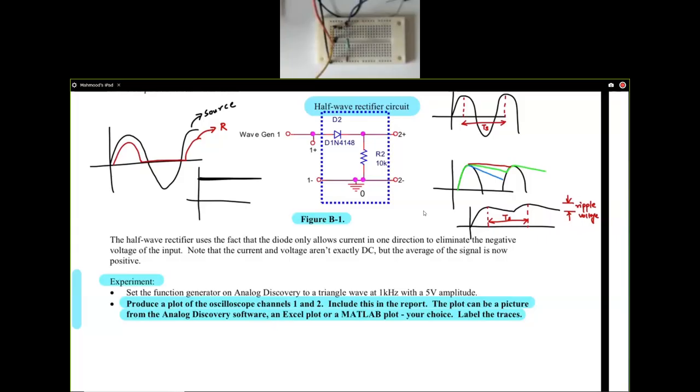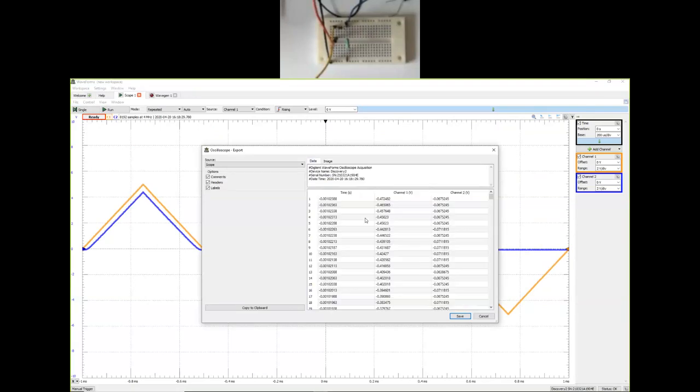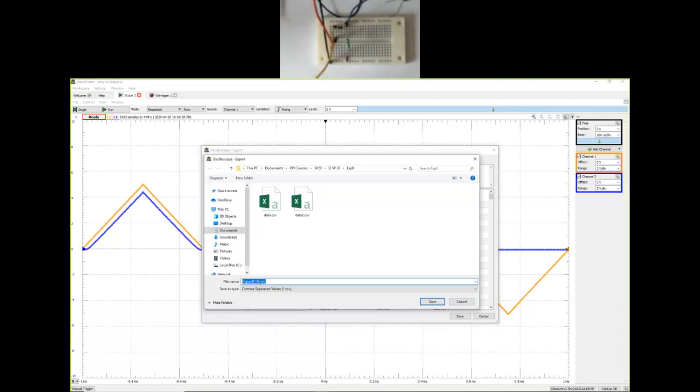Okay. Let's see. I hear you, we can make it up. We will save it. File, save as. I can save the data. Derek says no. Yeah, figure B10.